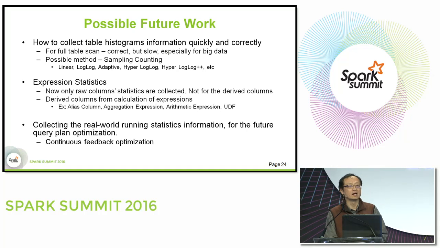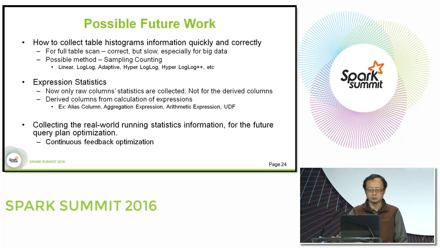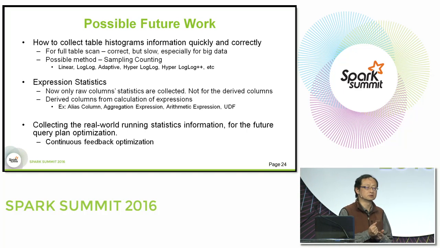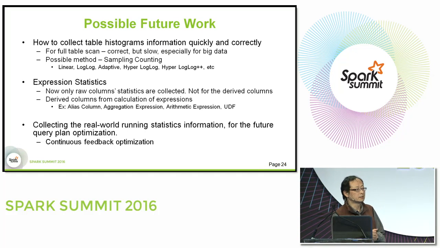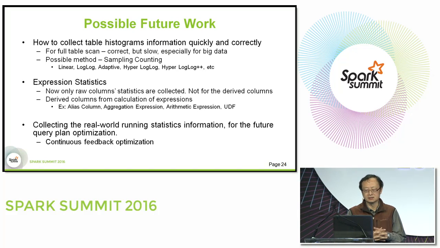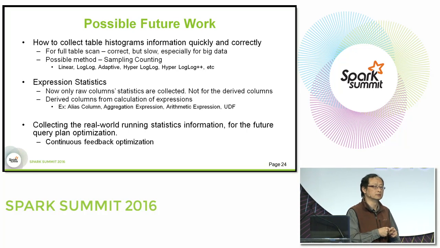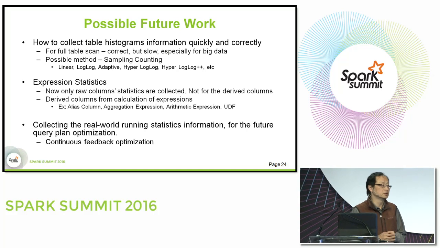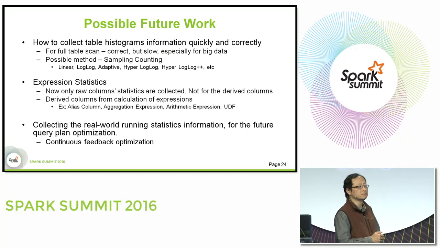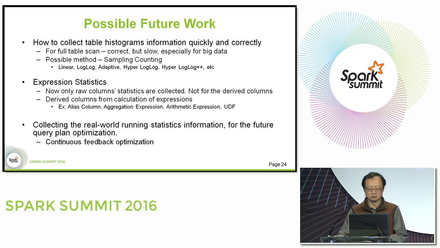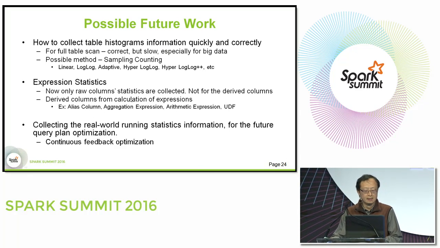Finally, I want to quickly mention possible future work. Today, we use a full table scan operation to collect statistics. We can get correct statistics, but it is kind of slow for very large tables. In the future, we may want to try sampling techniques, which are a quick way to find statistics.